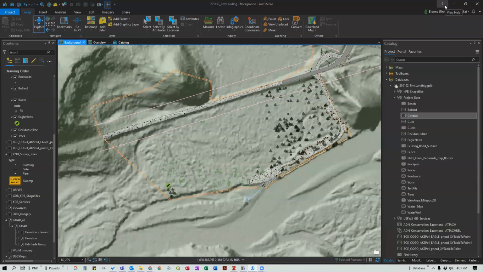And that's one of the ways that we use the survey data that our survey crew collects, to make models of surfaces and look at hydrology of these systems.